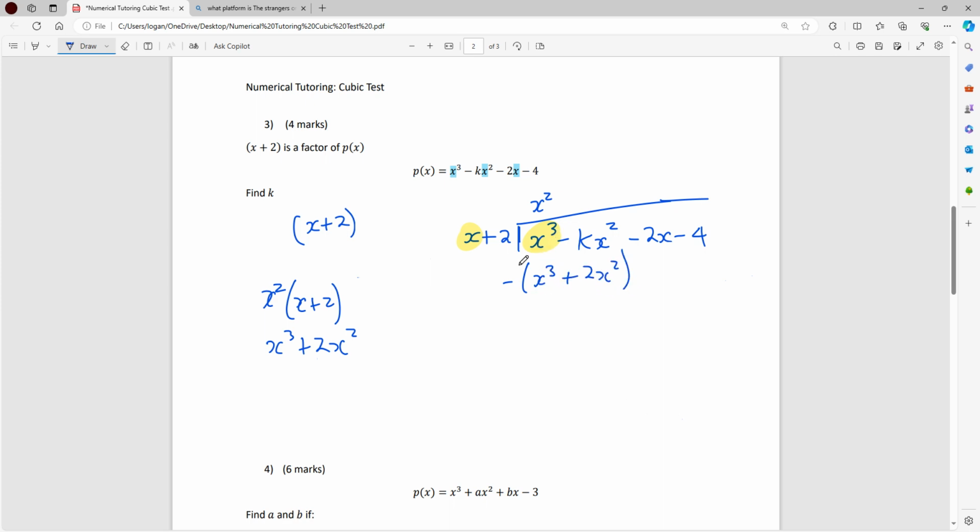So it's going to be x cubed minus x cubed gives you 0. Then this bit's going to be negative kx squared minus positive 2x squared. So this is going to be, well, you can leave a negative out the front if you really want to. It'll be negative k plus 2 x squared, and then you bring the rest of this down as well. So you get minus 2x minus 4.